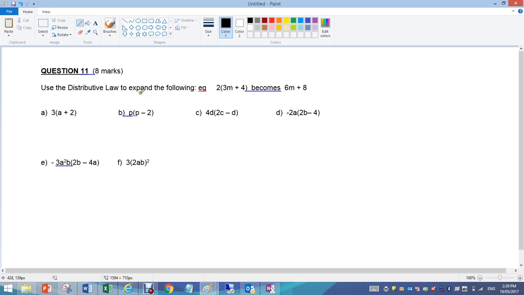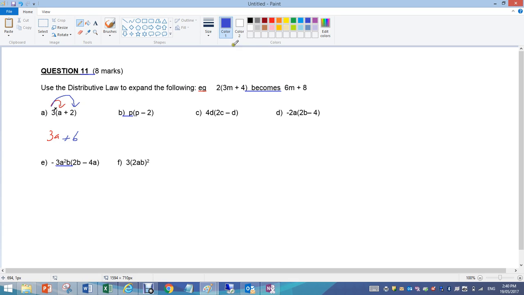Use the distributive law to expand the following. So, let's do it. First, it always means times when you've got a number then a bracket. So that's times here. So we've got 3 times A, that's 3A. And then 3 times positive 2 is plus 6.